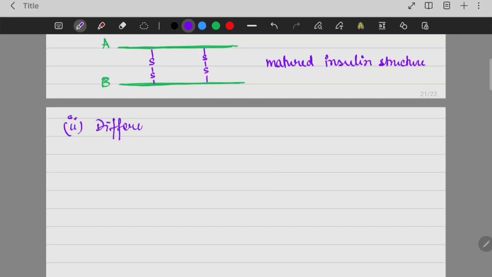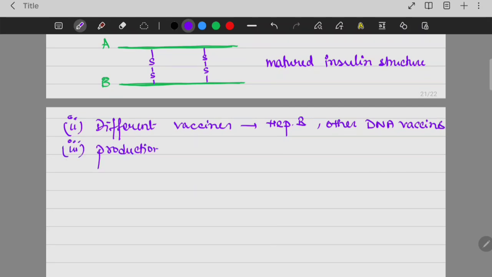Now other examples are different vaccines, which include the hepatitis B vaccine and some other vaccines. Okay, DNA vaccines, I would say. It can be used for production of hormones like GH, FSH, LH.